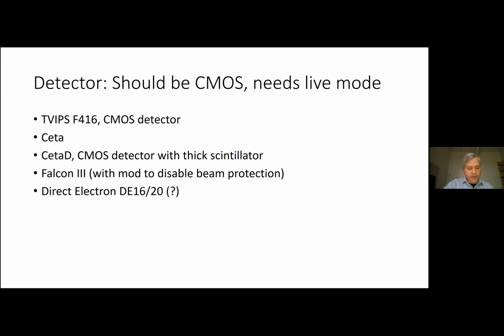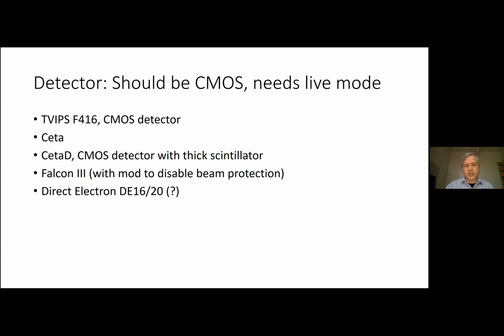I know at NYSBC they've experimented with using it. I think Angie had said you'd have to make a modification to let it record images a bit longer, but that one also would work with the same caveat as the Falcon 3. It would be in danger of getting burnt by the beam.